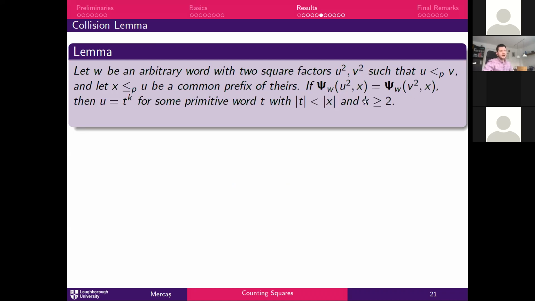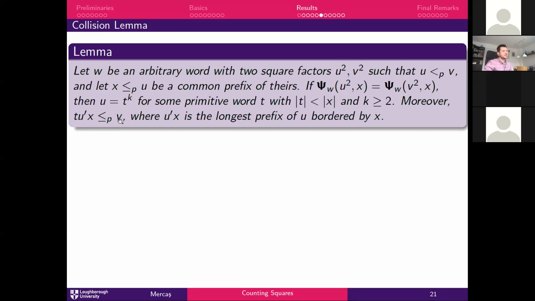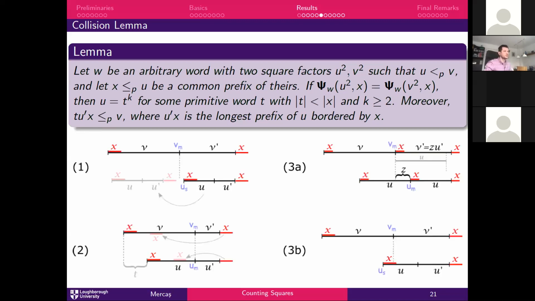Well, if the anchors of u and v coincide, then it will always be the case that u is a repetition. And furthermore, v has a prefix of the form t u prime x, where u prime x is that second part of the representative. And this is going to be helpful in the end.